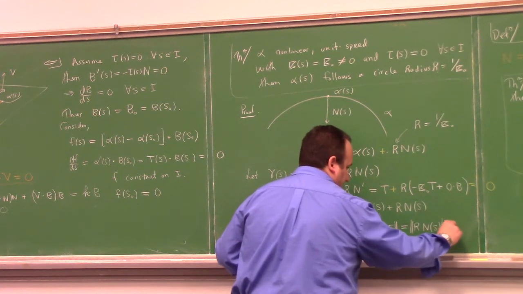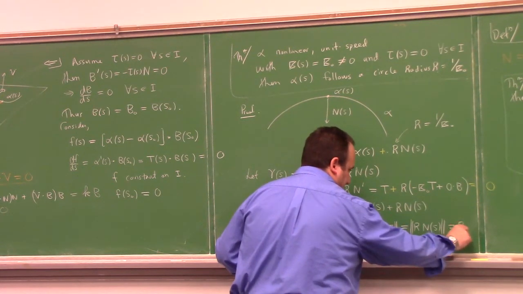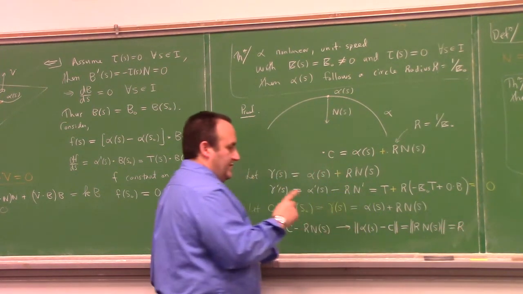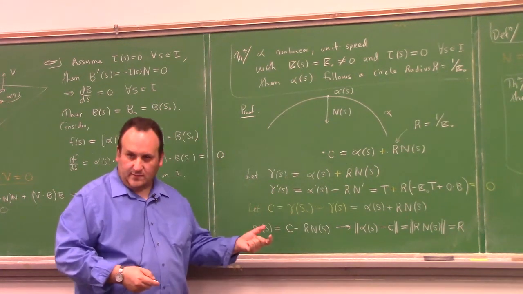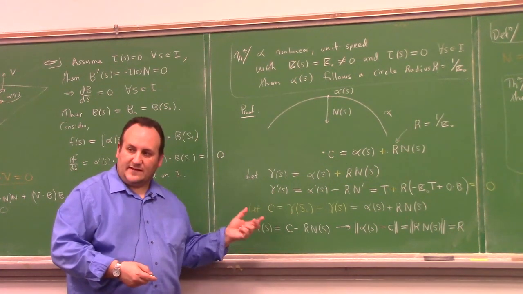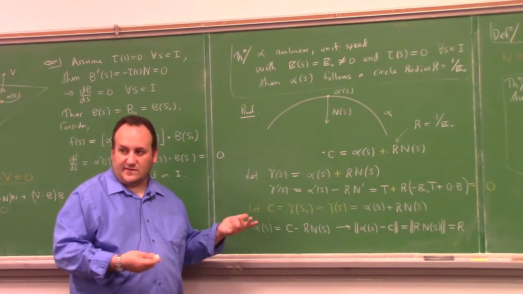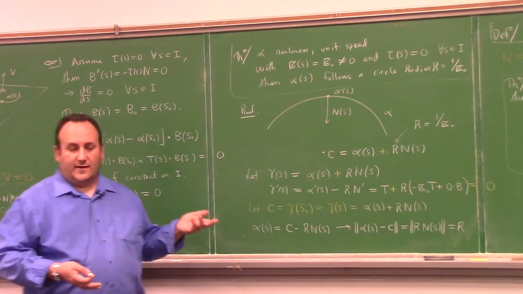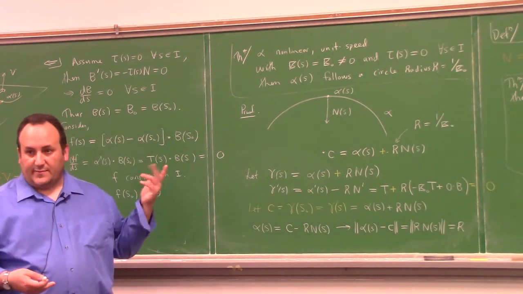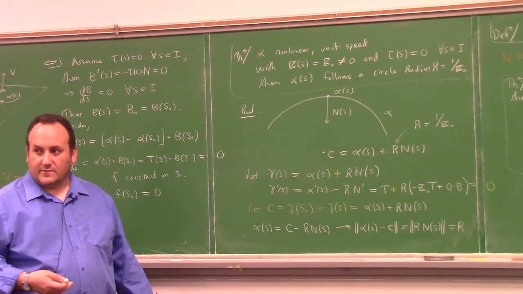But n is a unit vector, so this is just equal to r. That says that the distance from the center point C, which is a fixed point, and the curve alpha of s is fixed and equal to r, which is to say that it's on a circle of radius r. And remember that radius was defined to be 1 over kappa naught in the earlier part of the proof.